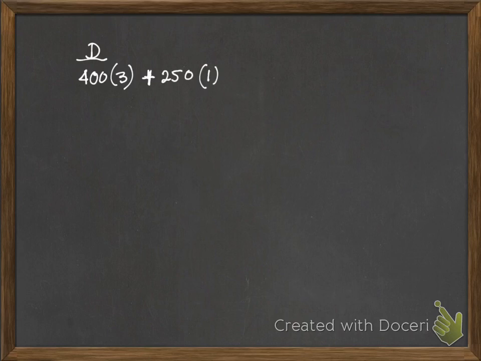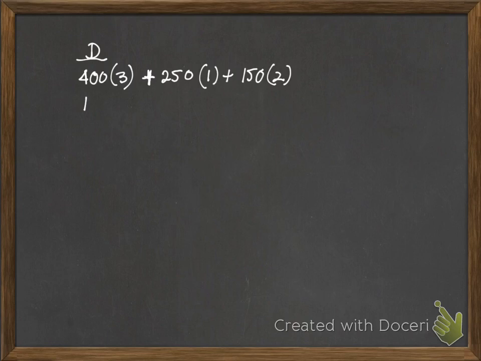The first one I'm going to do is D, Ellen DeGeneres. Let's see what she got. She got 400 votes that were in first place, so this becomes 400 times 3. She then received 250 votes that were in last place, so she gets 1 point for each of those. And then she got 150 votes in second place, so 150 times 2.